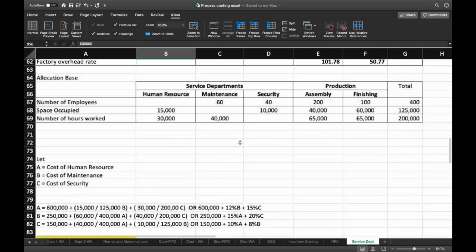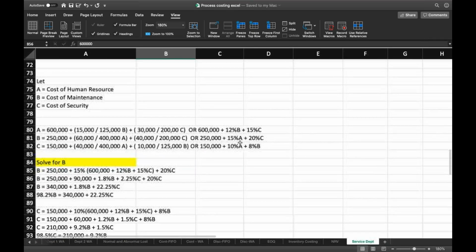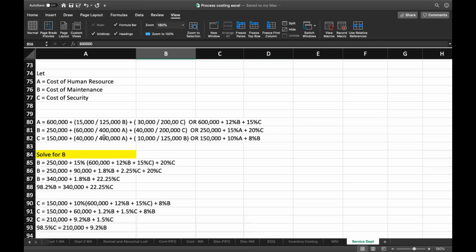First, we have to set up equations. We have to create a variable that will represent the cost of each service department. So say A would be the true cost of human resource, B would be the true cost of maintenance, and C is the true cost of security.